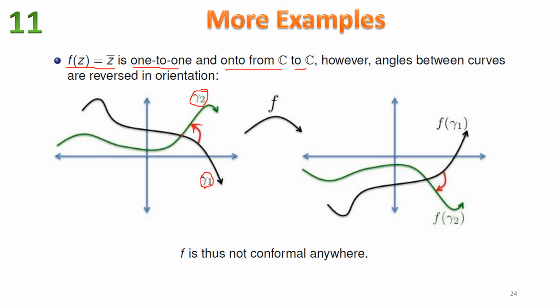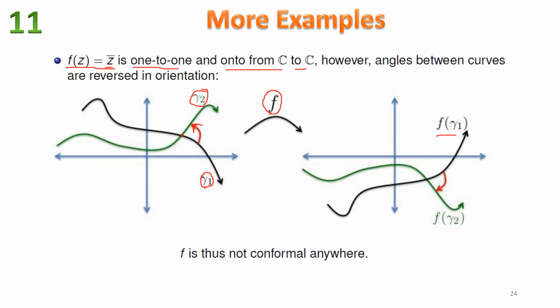Now when one takes the complex conjugate, so the function is taking the complex conjugate of the curve, then it is actually the mirror image of what we have on the left hand side. So this nice smooth black curve has a mirror image like this. That makes it f of gamma 1.